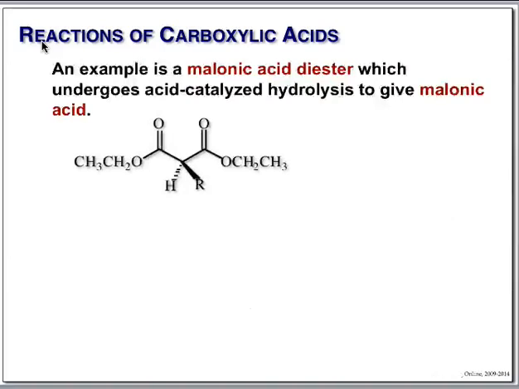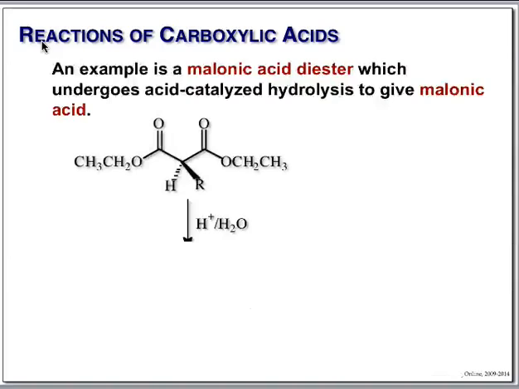Again, this is malonic acid. It's a malonic ester, actually. In a malonic ester synthesis, what you're going to do is hydrolyze to give the acid. It's going to decarboxylate to form an enolate, which is going to be your nucleophile. Again, this is next chapter.